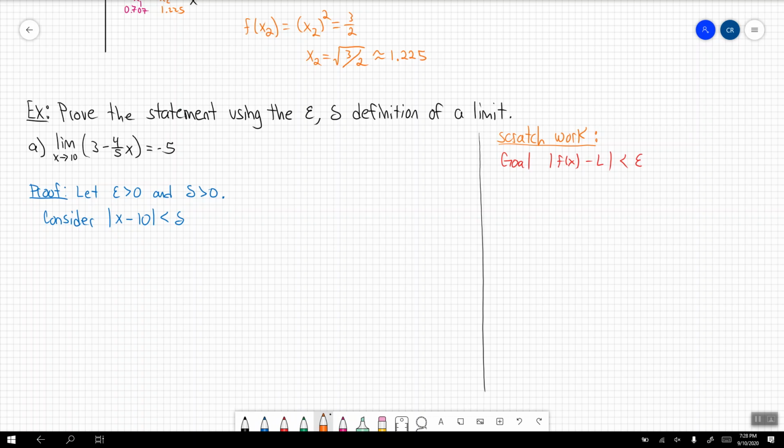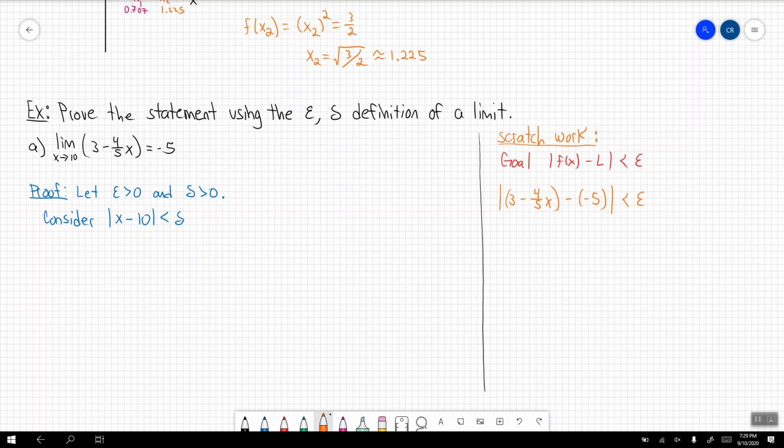But in order to get this goal, we need the function. Well, what's the function that we're looking at? That function is 3 minus 4/5 x. That's my function. And then I need minus the limit. The limit is -5. Now this has to be less than some epsilon.